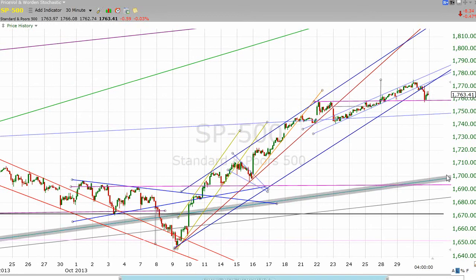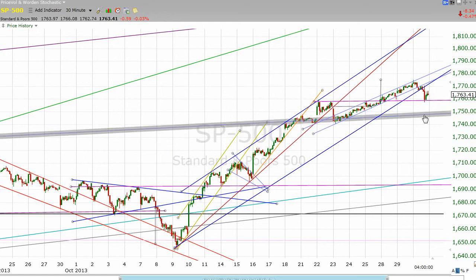At this moment in history, we just took out what appears to be a fairly important line drawn over the last three tops. They don't line up perfectly, but this is a pretty good approximation of where that line would be.